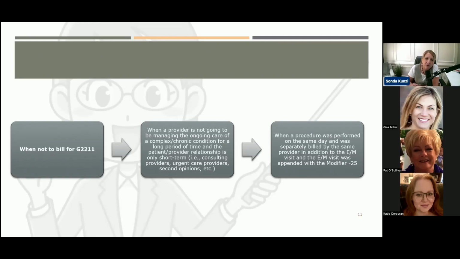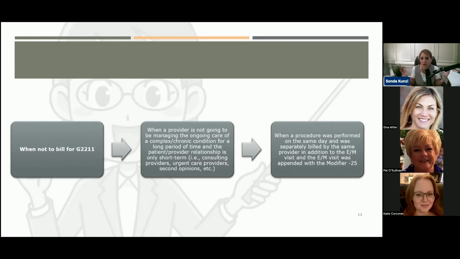So, the first box here, we kind of will say, provider's not going to be managing ongoing care. Usually they do, but maybe it's not of a complex or chronic condition, or it's not something for a long period of time where a physician feels like they don't have that kind of relationship. Because remember, we do have healthy patients who just need to come to us when they have a cold, a sinus infection, a sprained ankle, a laceration.